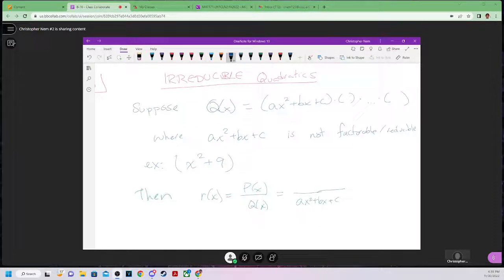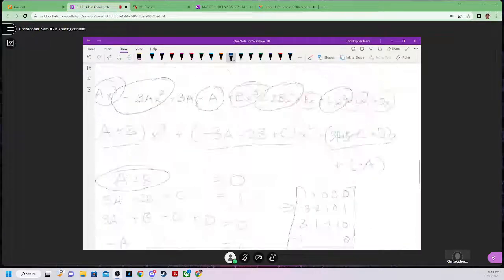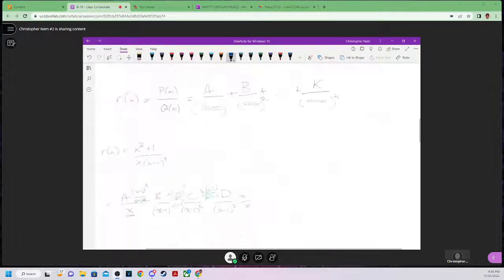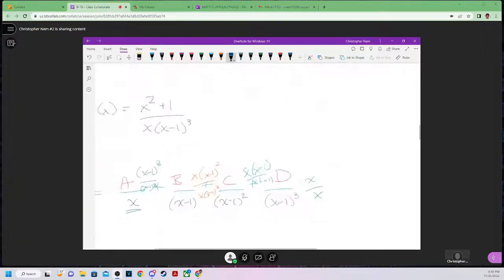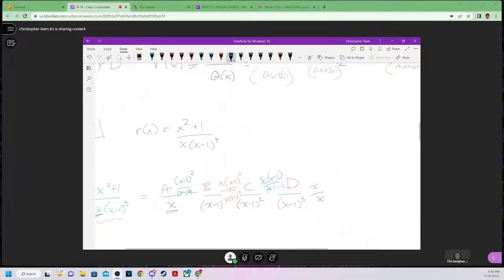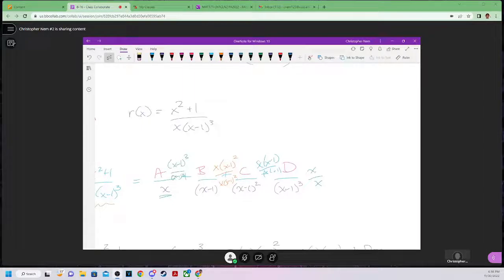Now, I want you to go back to what we did earlier. In these linear factors, notice that my denominators are linear because they have an exponent of 1, but my numerators were constants. Linear has an exponent of 1 on my x value. For the numerator, because it's a constant, what is the exponent?